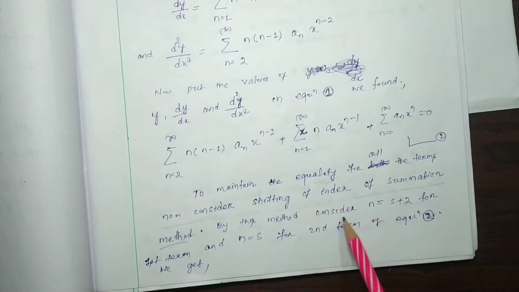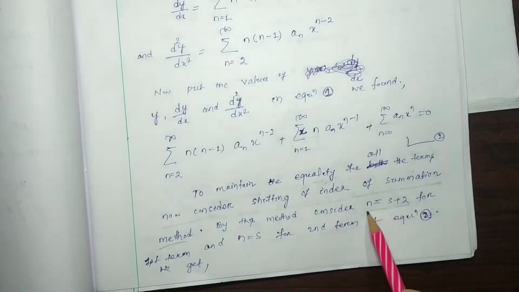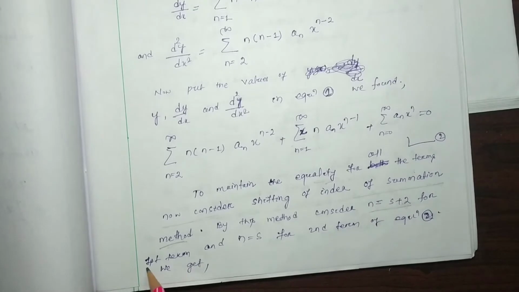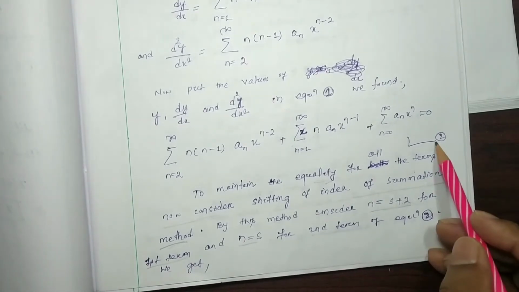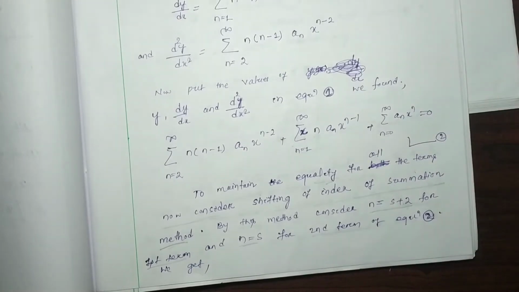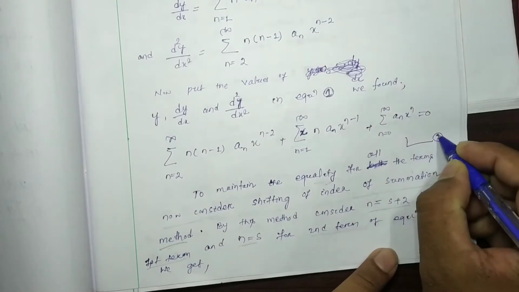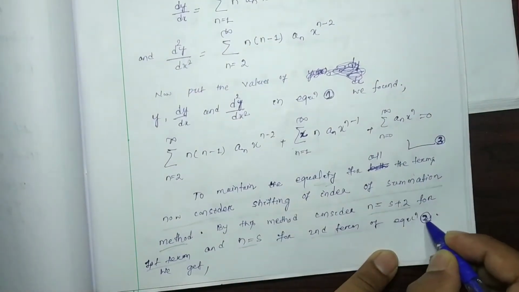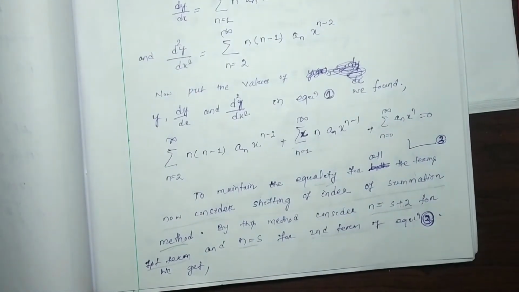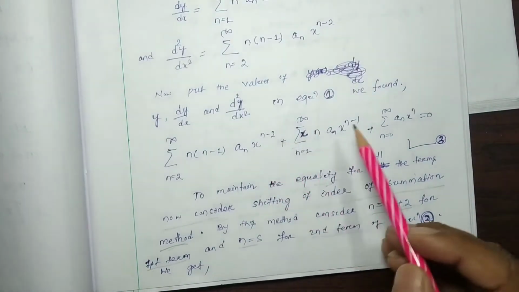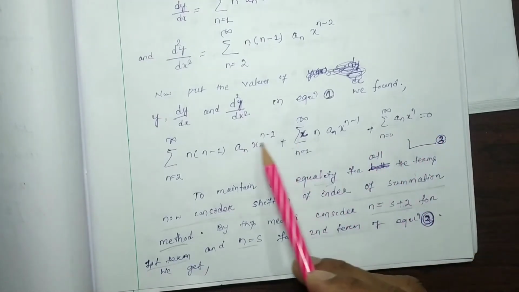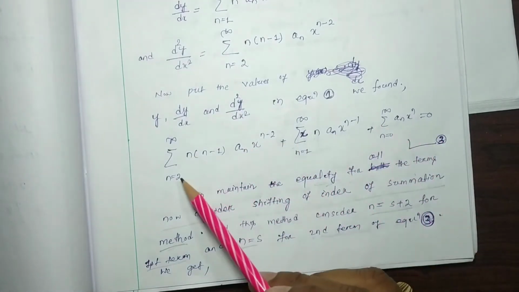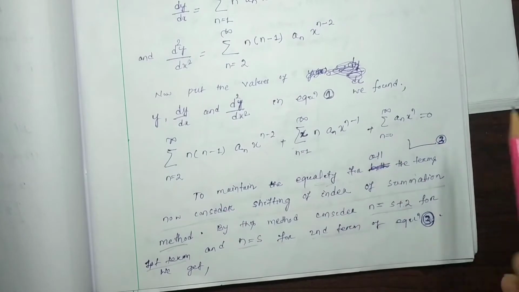By this method, consider n equal to s plus 2 for the first term and n equal to s for the second term of equation number 3. That means here we have x to the power n minus 2, x to the power n minus 1, x to the power n. So all the powers have to be equal and the summation also has to be equal.